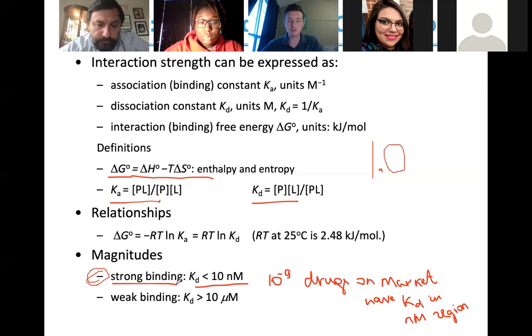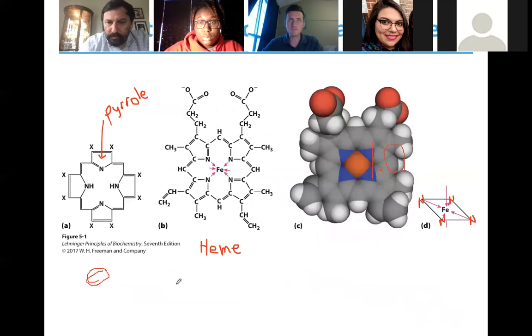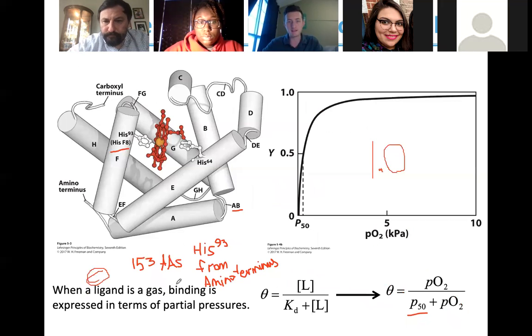So your KD is going to be a lot smaller, and KD is your dissociation constant. If you have a really small dissociation constant, your binding affinity for that substrate with that enzyme is going to be really big. It's an inverse relationship: if your KD is small, your binding affinity is big. It's going to be strong.